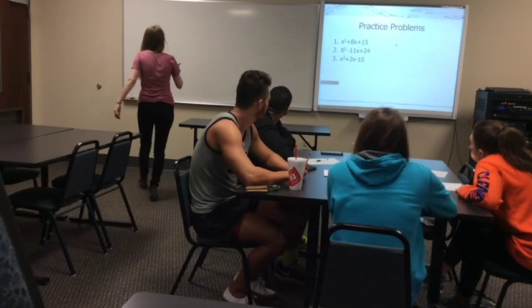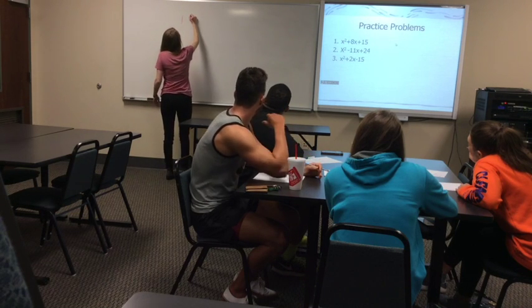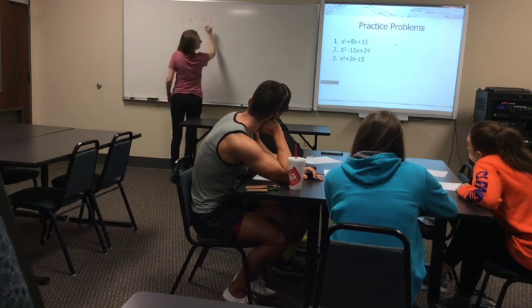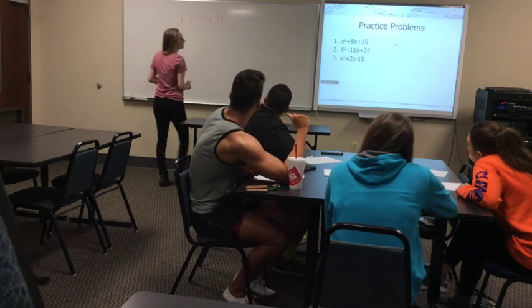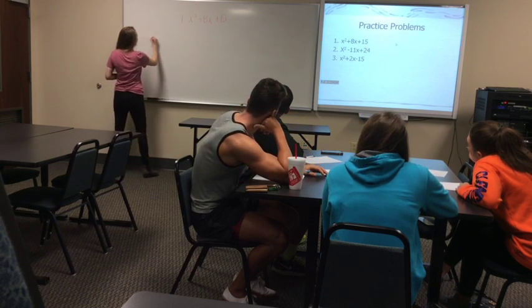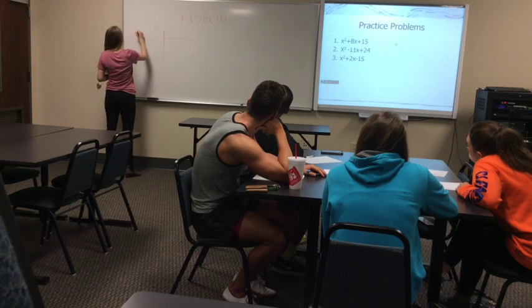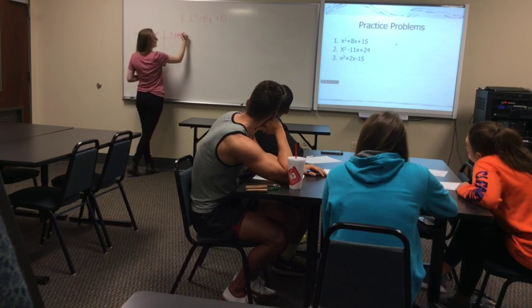Okay, so for this first problem, you have x squared plus 8x plus 15. From the previous slide, you set up the table where you list the factors of c and the sum of those factors.